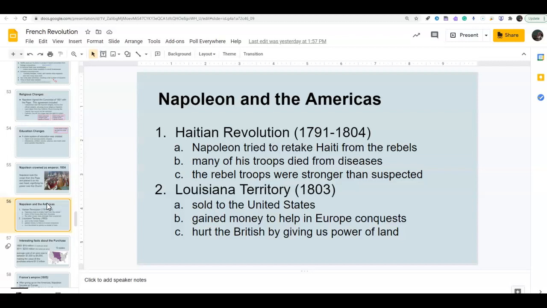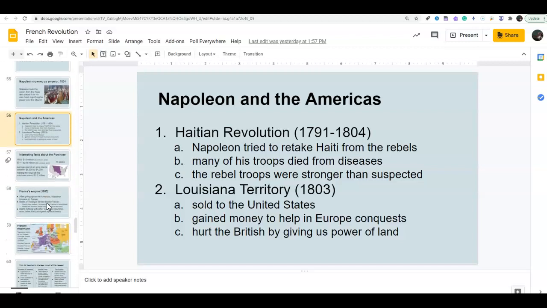However, he forgot mostly about the Western Hemisphere and wanted to stick mainly to Europe and the Eastern Hemisphere. So, to help fund his conquests, he sells the Louisiana Territory to the United States of America, and that was in 1803. That is something that we will look at after Christmas break.